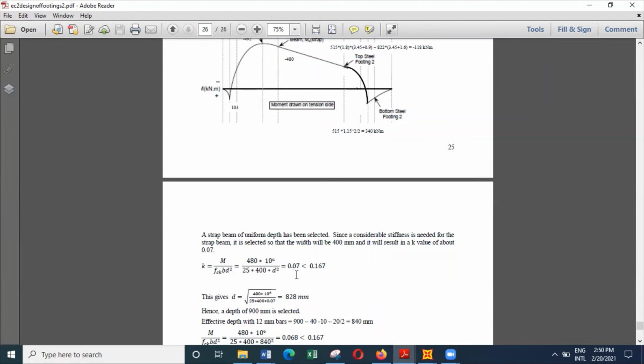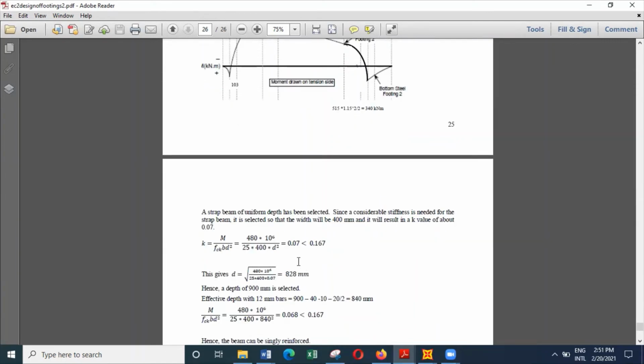I could have easily selected 0.09 or 0.1, but I selected a low value to ensure that we'll end up with a reasonably deep beam. So if you select a suitable value for this, then you can find a corresponding d value. And once you know the effective depth, you can work out the actual depth of the beam.